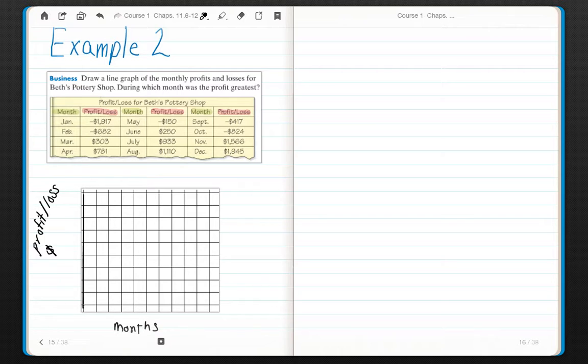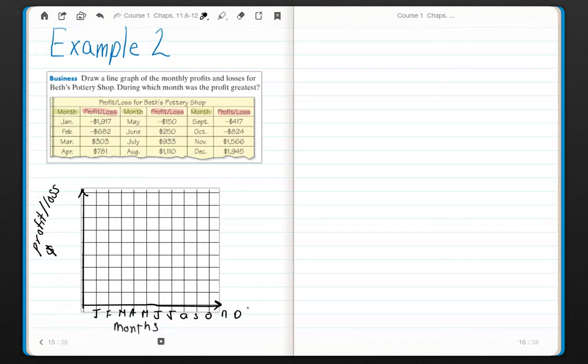So I have my x-axis here, my y-axis here. I have January, February, March, April, May, June, July, August, September, October, and you would keep going with November and December. Mine's not going to be big enough.